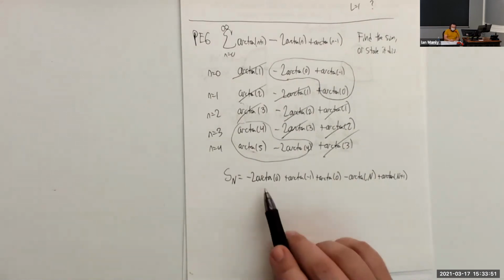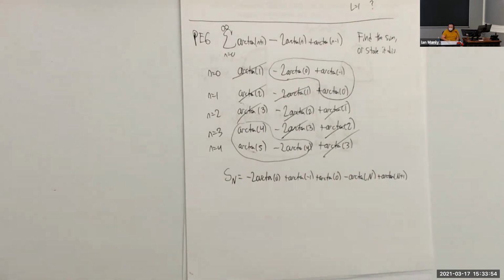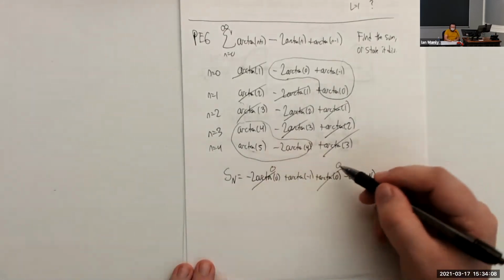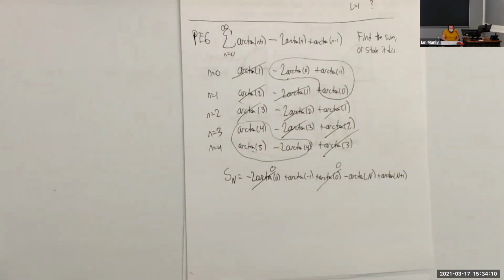Now, let me ask you guys this. What's arctangent of 0 equal to? Does anyone know what that is? What angle do you put into tangent to give you 0? It's going to be 0. That's right. So this is a big old 0. That means this is a 0 as well. Arctan of negative 1. So what angle do we put into tangent to give us negative 1? Something in the fourth quadrant.